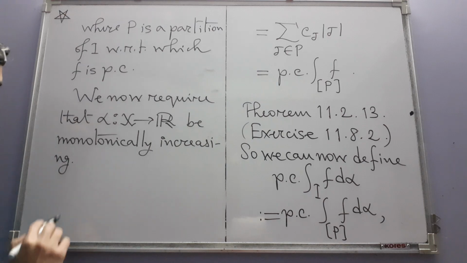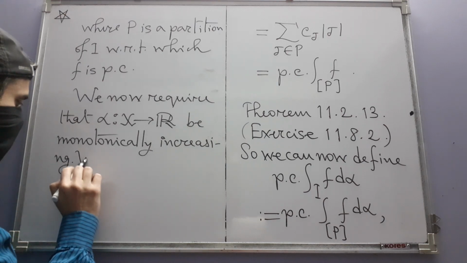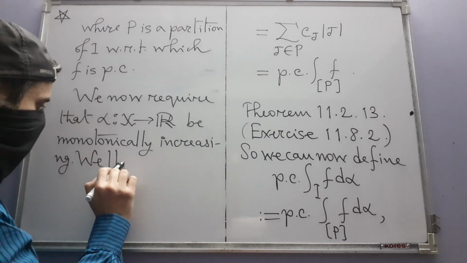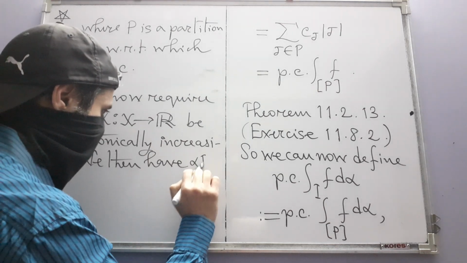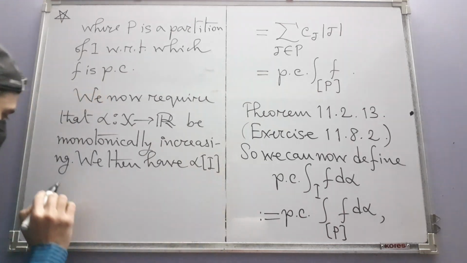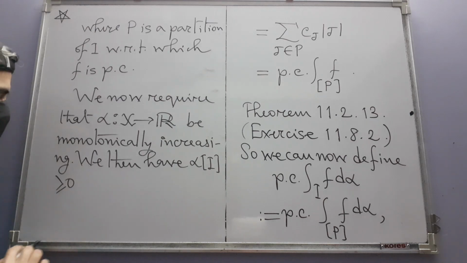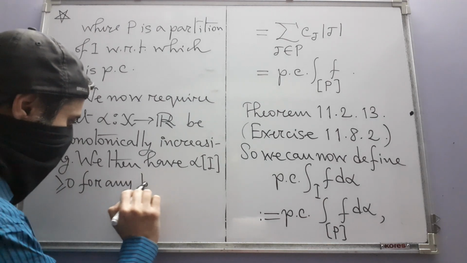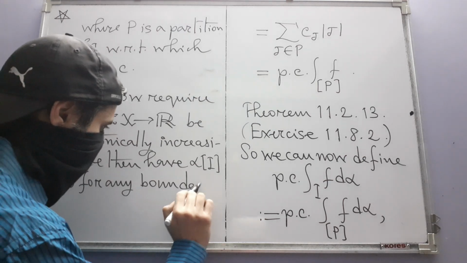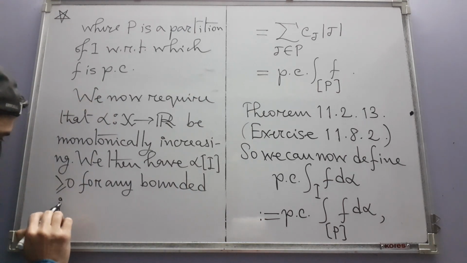With this requirement, we then have alpha of I greater than or equal to 0 for any bounded interval I.